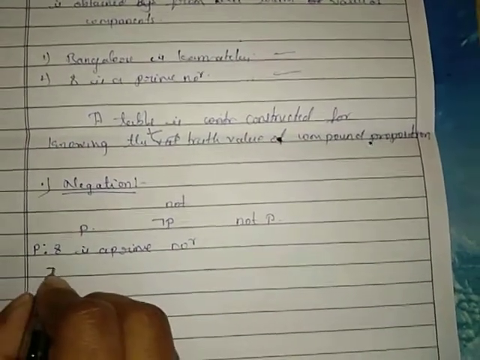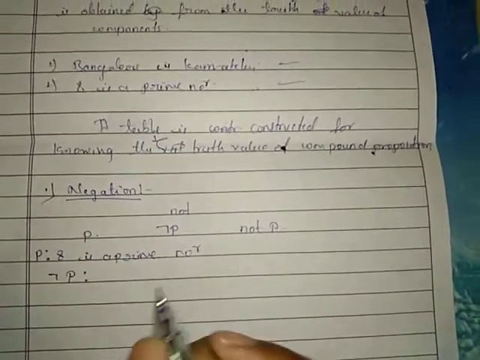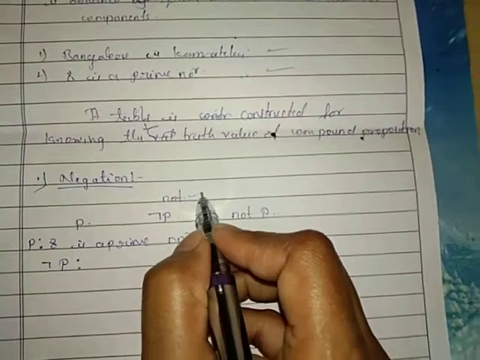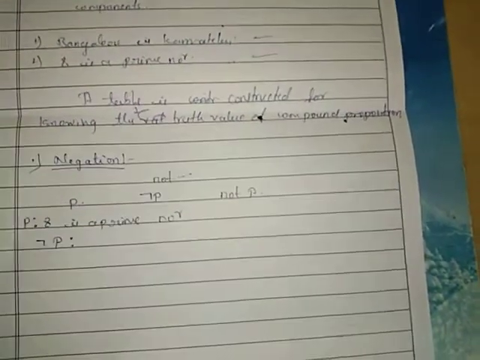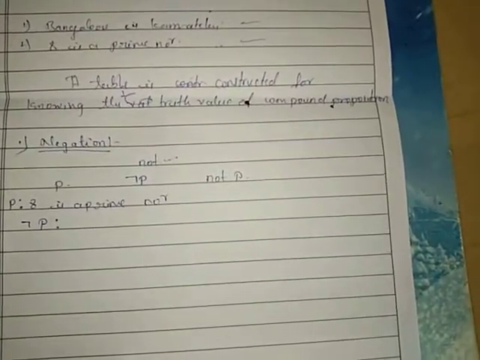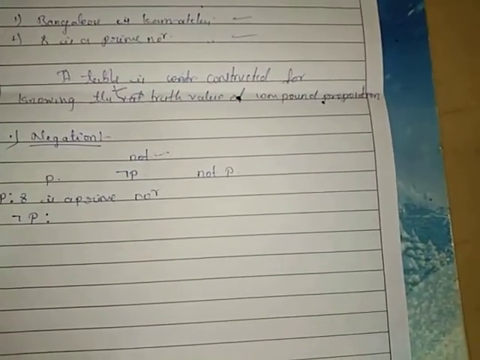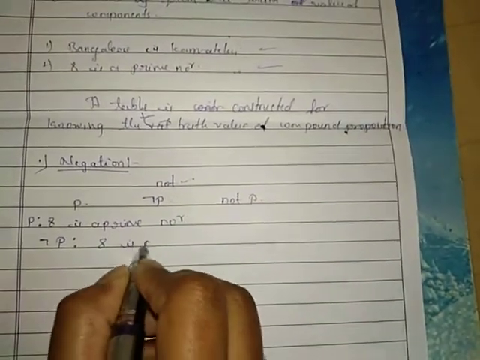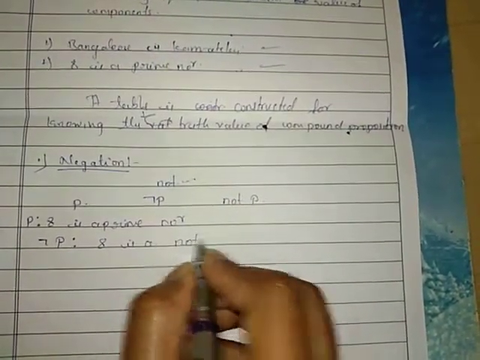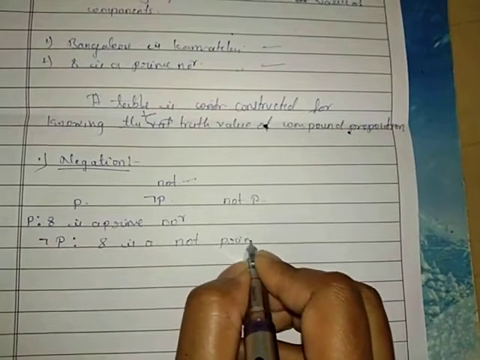So the negation of P means we have to use the word not in the given proposition at an appropriate place to convert it into a compound proposition. 8 is not a prime number.